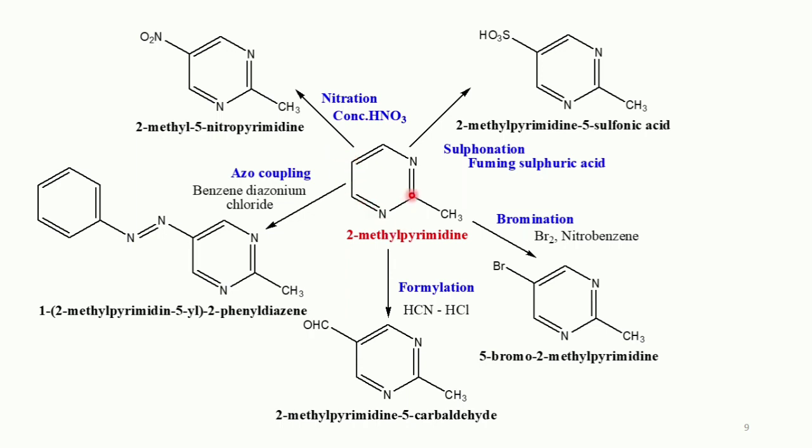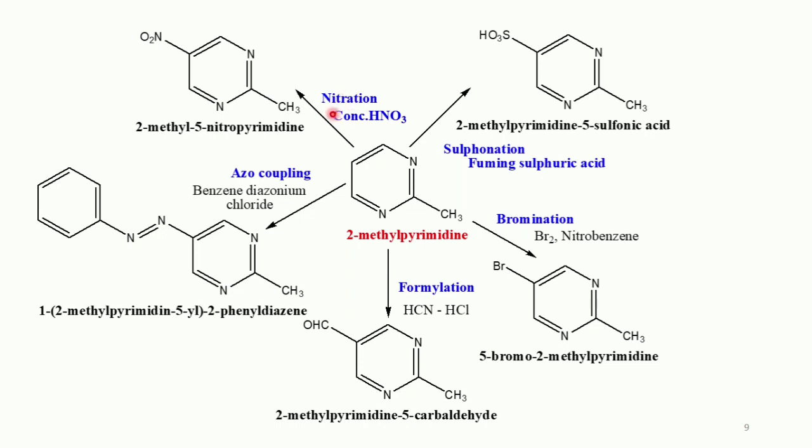The carbon at position 2 is linked to both nitrogens, and the carbons at positions 4 and 6 are each linked to one nitrogen, but the carbon at position 5 is not directly linked to nitrogen. That's why the effect of nitrogen is less at this position, so the electrophilic attack takes place at the fifth position.